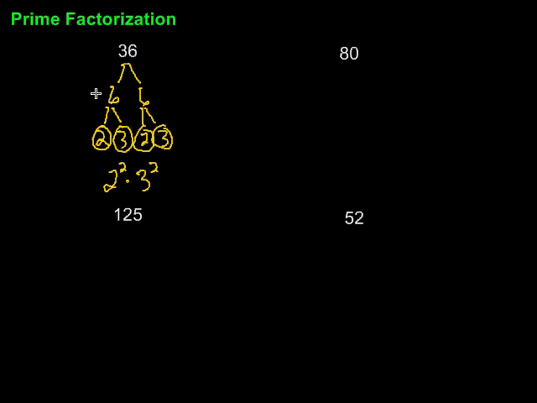Now, sometimes people wonder, well, what if you would have chosen to break 36 up into 4 times 9? Would we have ended up with the same prime factorization? Let's see. If we would take 36, break it up into 4 times 9, then we've got 4 here. 4 breaks up into 2 times 2. And again, 2 is a prime number, so I've got to stop with those.